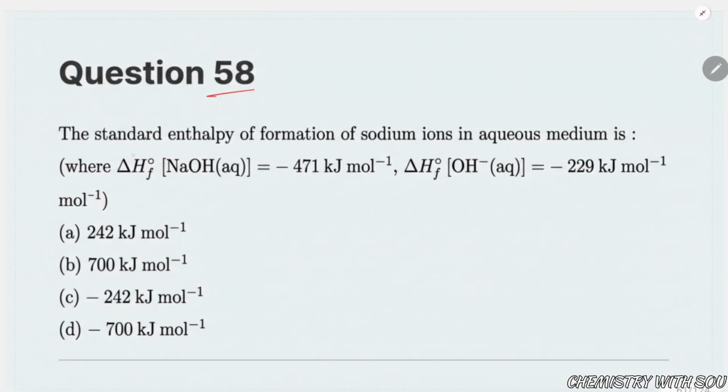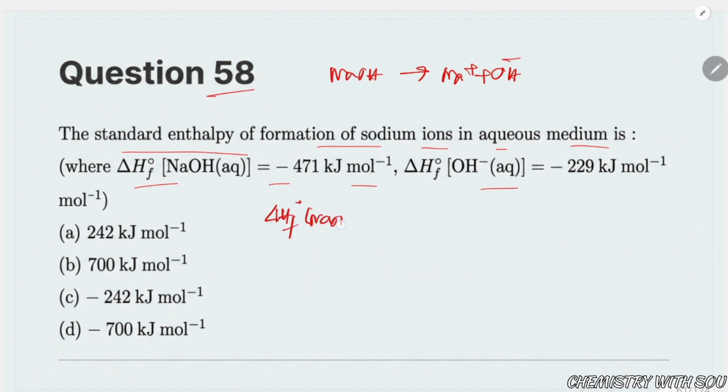Question number 58. The standard enthalpy of formation of sodium ion in aqueous solution is okay, fine. So we know that when NaOH dissociates, this will give Na plus and OH minus. So we can say that del H of formation of NaOH is equal to del H of formation of Na plus plus heat of formation of OH minus.